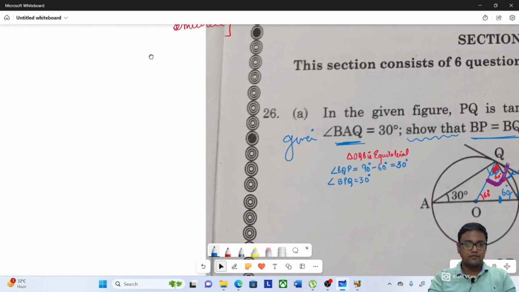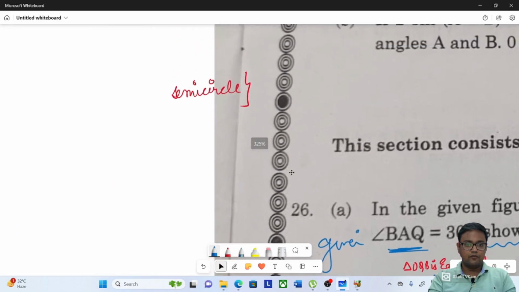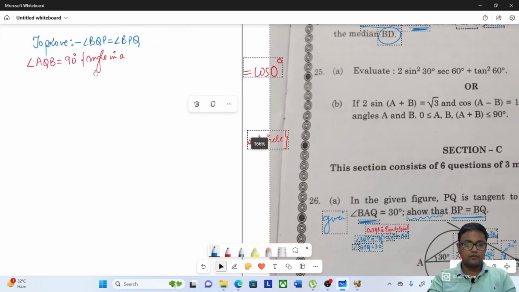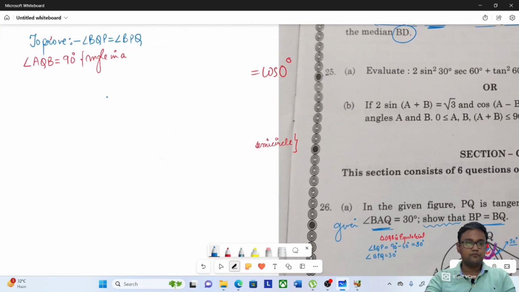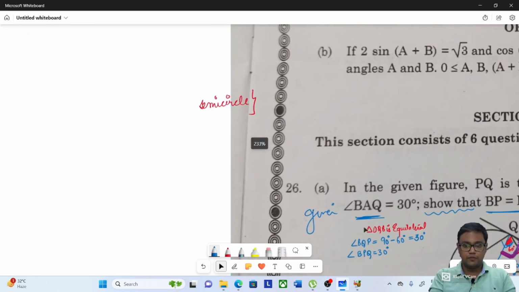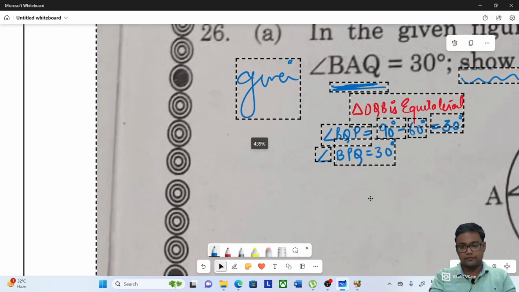If I take this away and bring you closer to what I have written here, BPQ and BQP were supposed to be shown equal, and we have got them equal here, BQP and BPQ. You can see here, right?